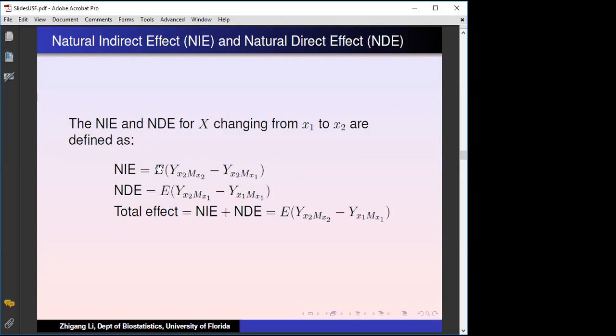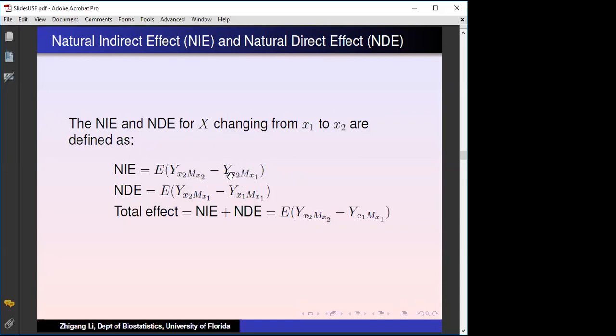As you can see here, this is the natural indirect effect. This outcome is a counterfactual outcome. By the way, Y(x2, M(x2)) means the outcome of Y when x takes value x2 and the mediator takes its value at x equals x2.